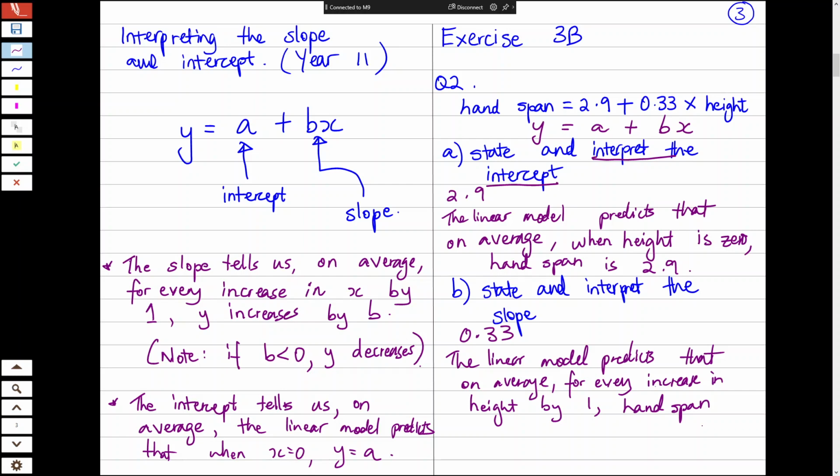Is it going to go up or down? Right, the slope is positive, so it's going to increase. So please don't tell me it's going to increase if the slope is negative. It's going to increase by how much? 0.33.